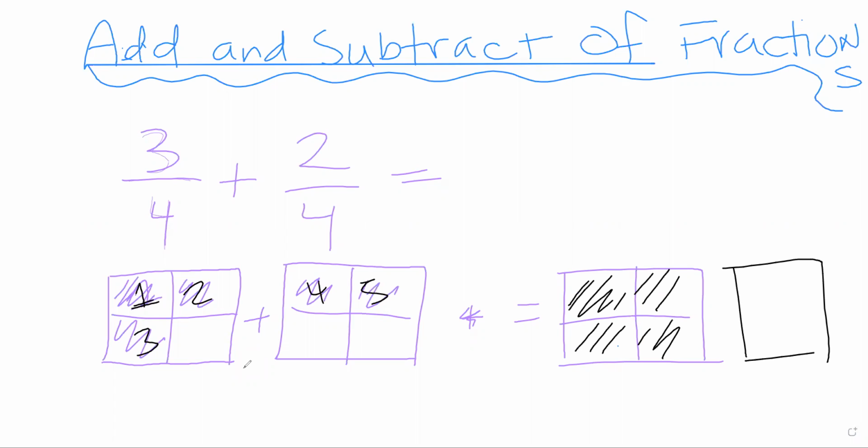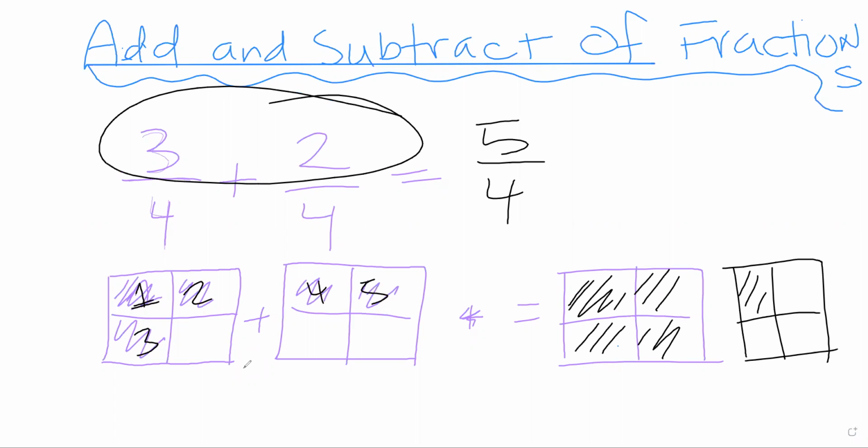So let's make another model, which would get us 5 out of 4, which again, we've seen up here, this whole simple trick, right? When my denominators are the same, then I'm working with the same size pieces, so I can just add them together. That's how it works. When my pieces are the same size, I can just add them together.